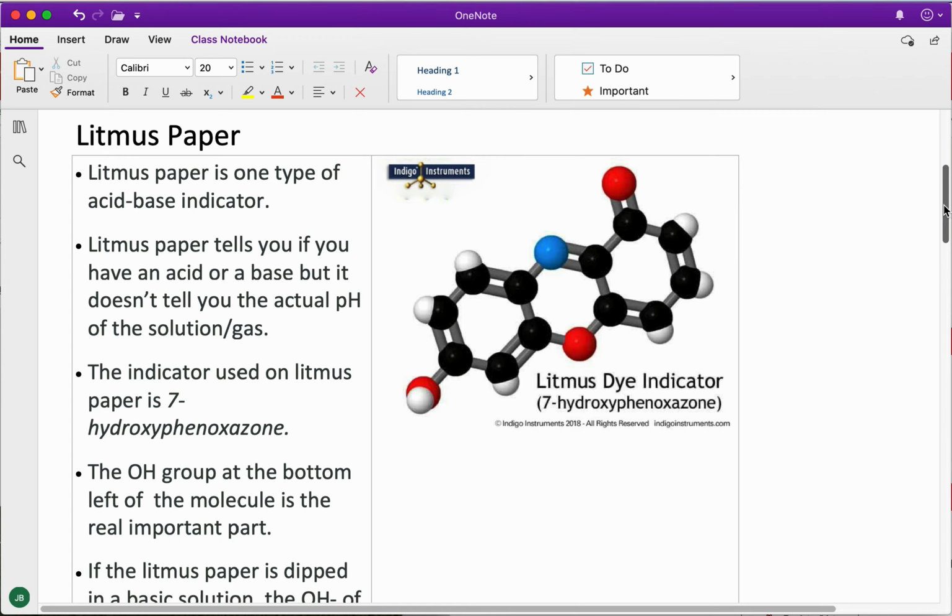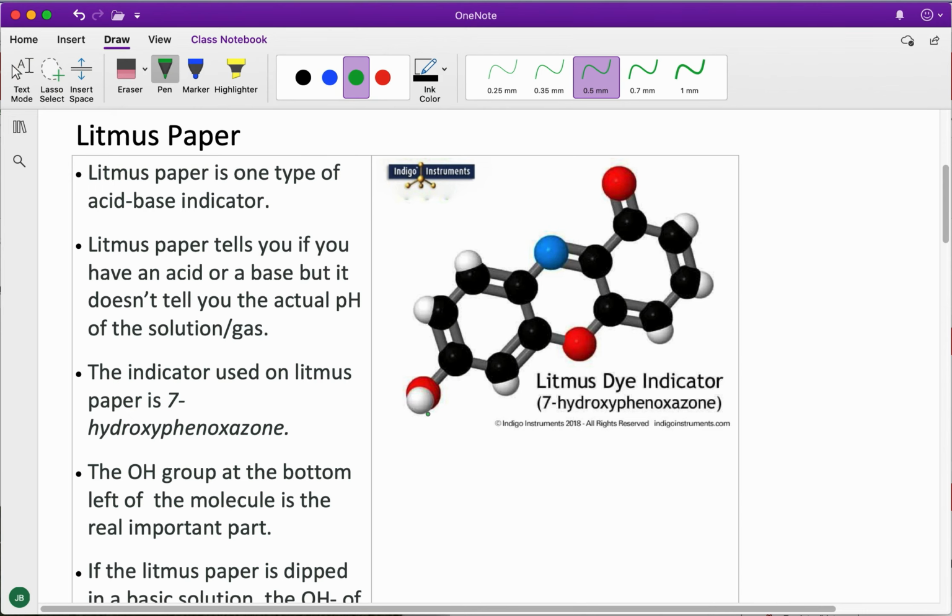This is really an interesting little molecule that we have here, and this picture on the right is a picture of this fabulous molecule. What I really want you to focus on is this OH group at the bottom left.